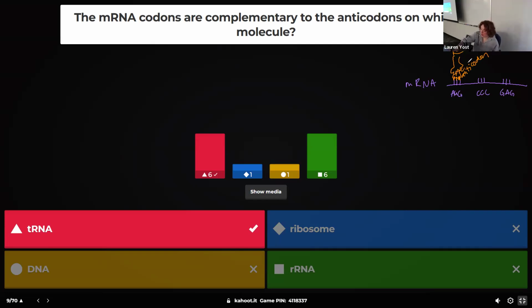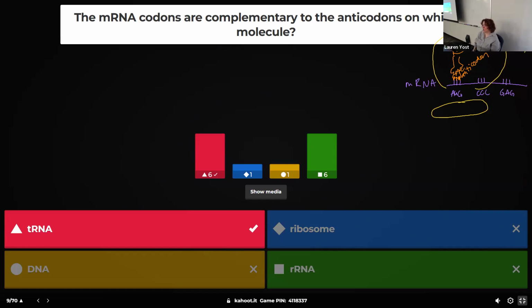And this happens inside of a ribosome, which clamps down on all of this. The ribosome itself is made up of ribosomal RNA, or rRNA. But it doesn't rely on matching up codons or anticodons.